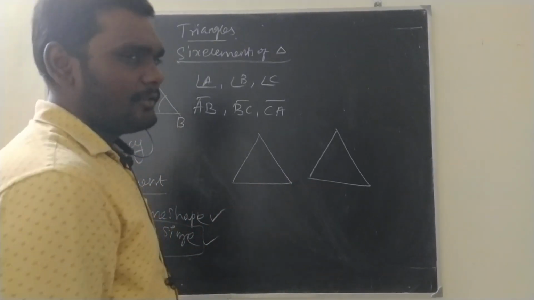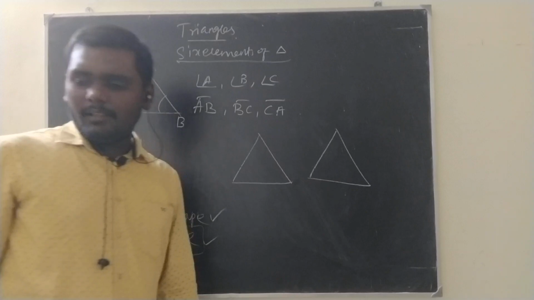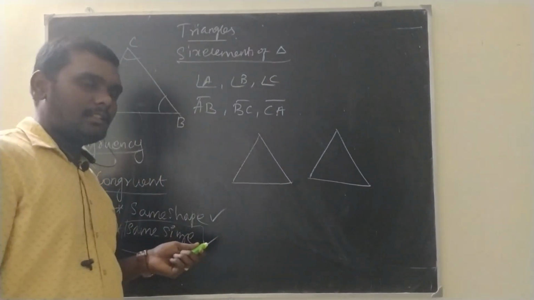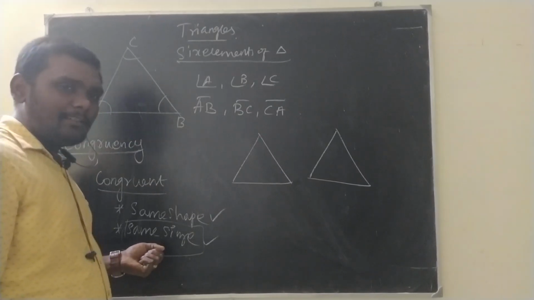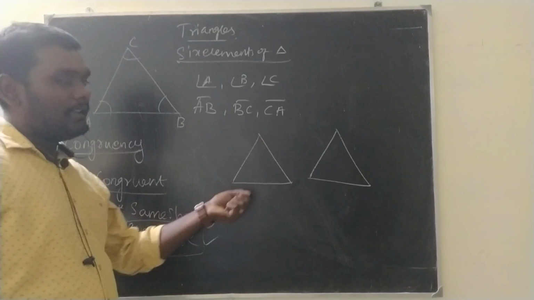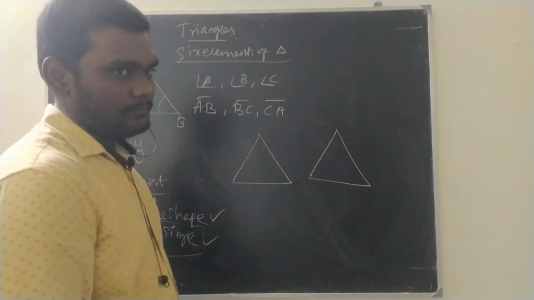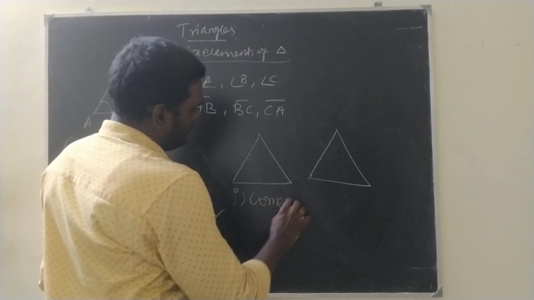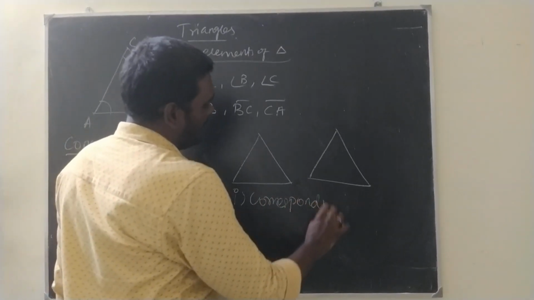This is also a triangle, that is also a triangle. How do you say these two triangles are congruent? Same shape, that condition is satisfied. The same size means the corresponding sides should be equal. Which sides should be equal? Corresponding sides.